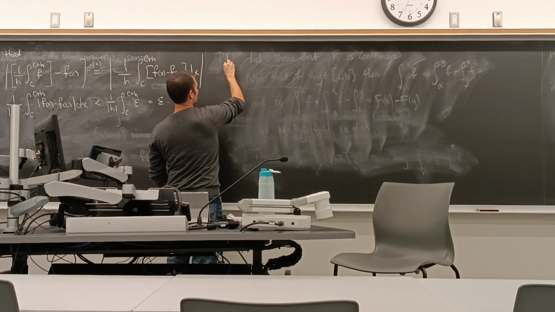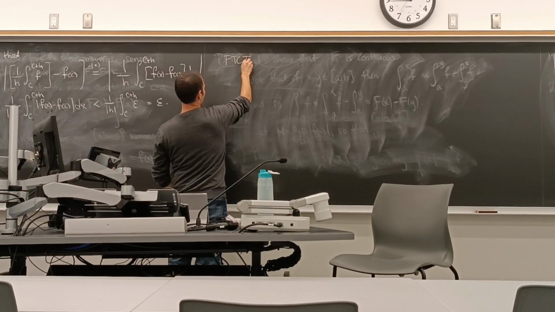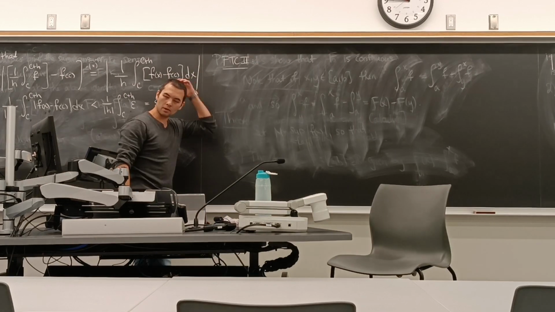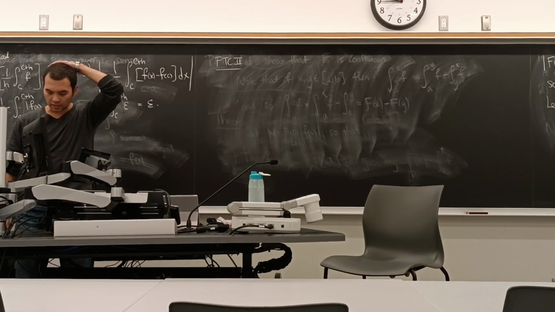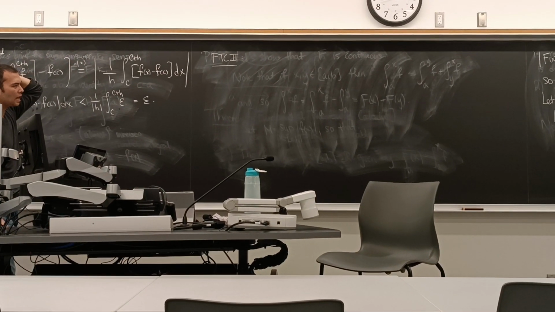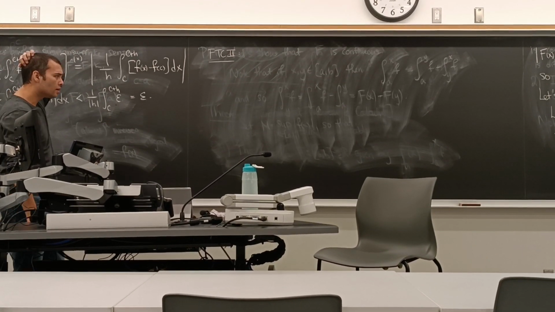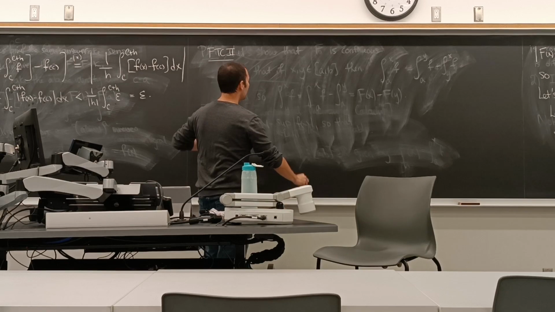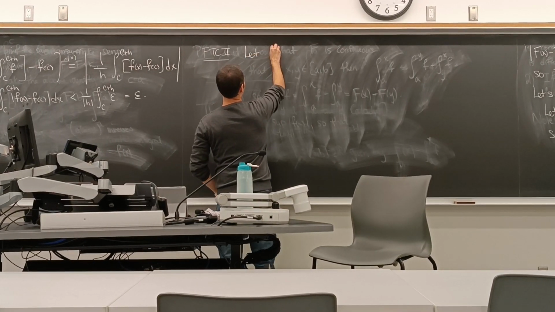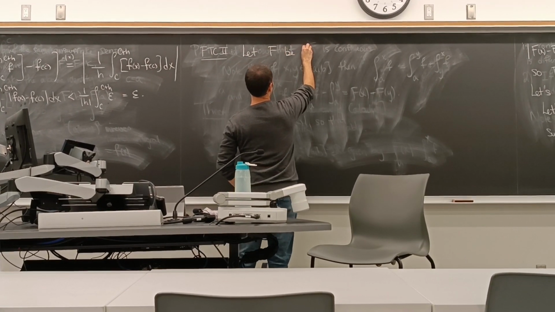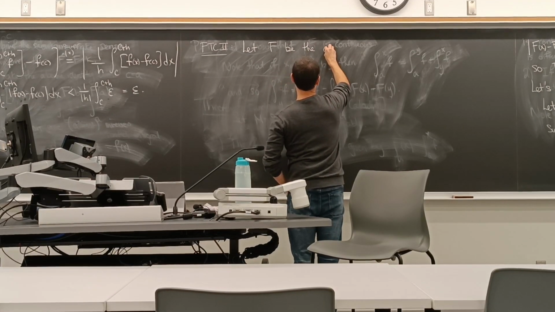Okay, so FTC2. Let's do it. All right. So what did we have? We said that f was a continuous antiderivative, which was differentiable at all but finitely many points. Right. So let f be the antiderivative.